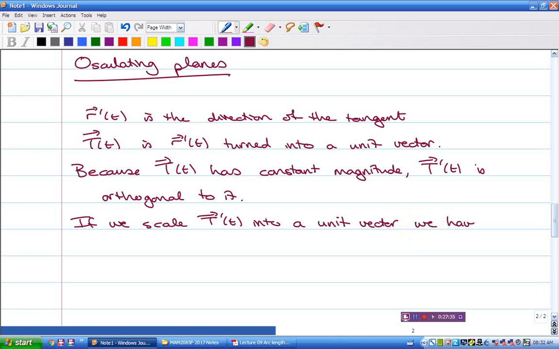We get another vector that has its own name, just like big T has its own name of unit tangent vector.